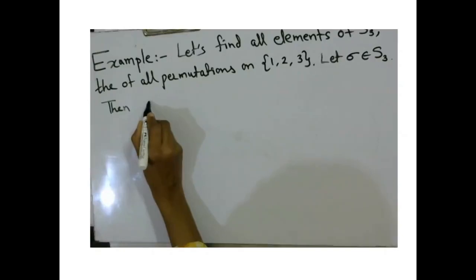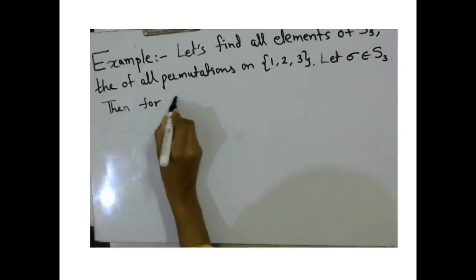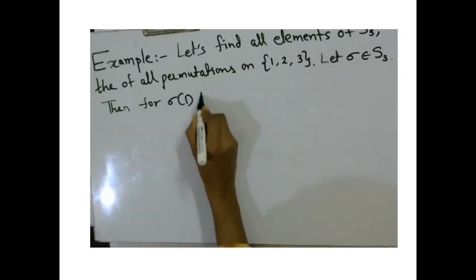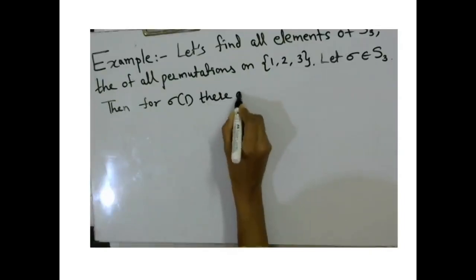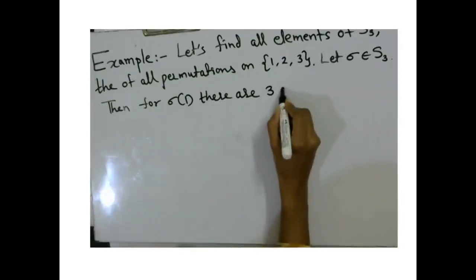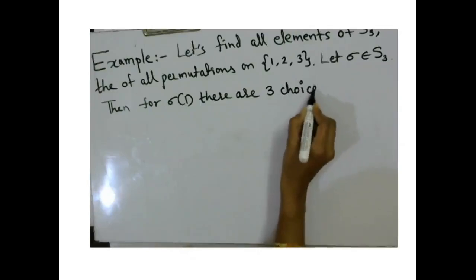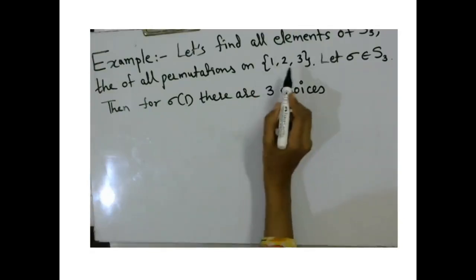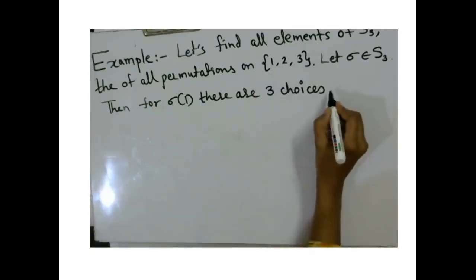So for sigma of 1, there are three choices. Sigma of 1 can be 1, or it can be 2, or it can be 3.